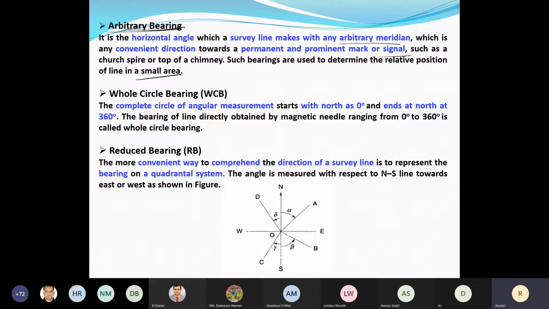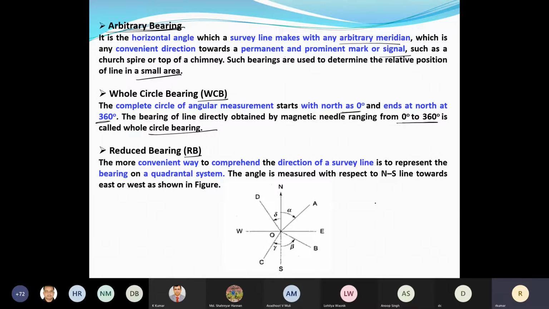Then if I am using this prismatic compass, there is a concept of whole circle bearing and reduced bearing. The complete circle of angular measurement starts with north as 0 and ends with north at 360 degrees. The bearing of a line directly obtained by the magnetic needle, ranging from 0 to 360 degrees, is called whole circle bearing.